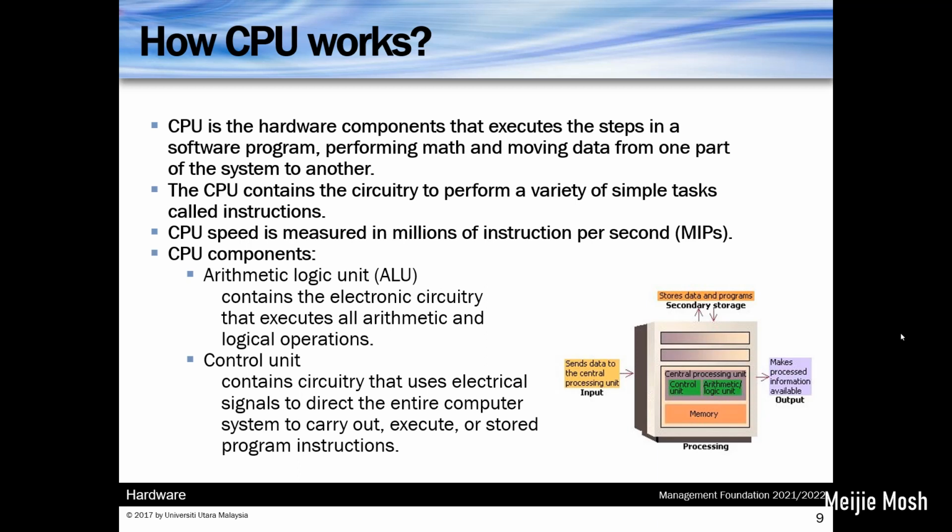The control unit contains circuitry that uses electrical signals to direct the entire computer system to carry out, execute, or store program instructions. The control unit extracts instructions from memory, decodes and executes them.